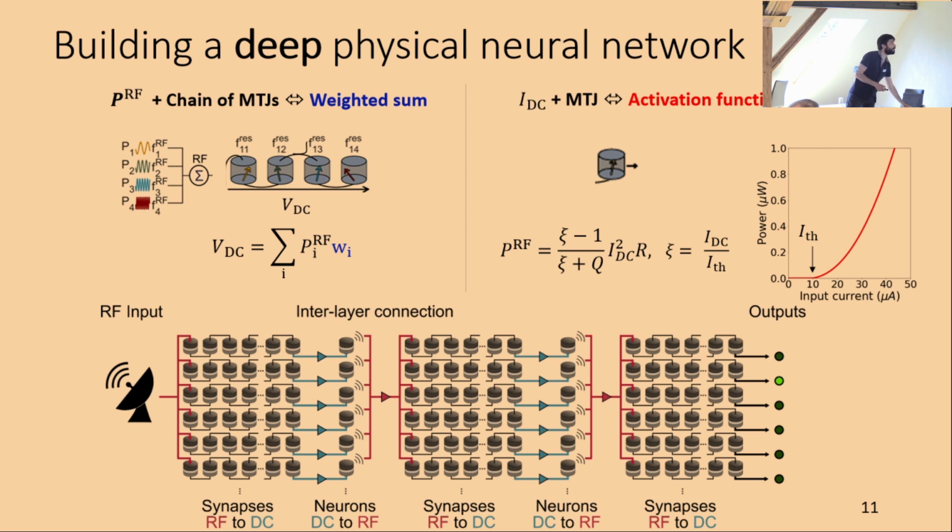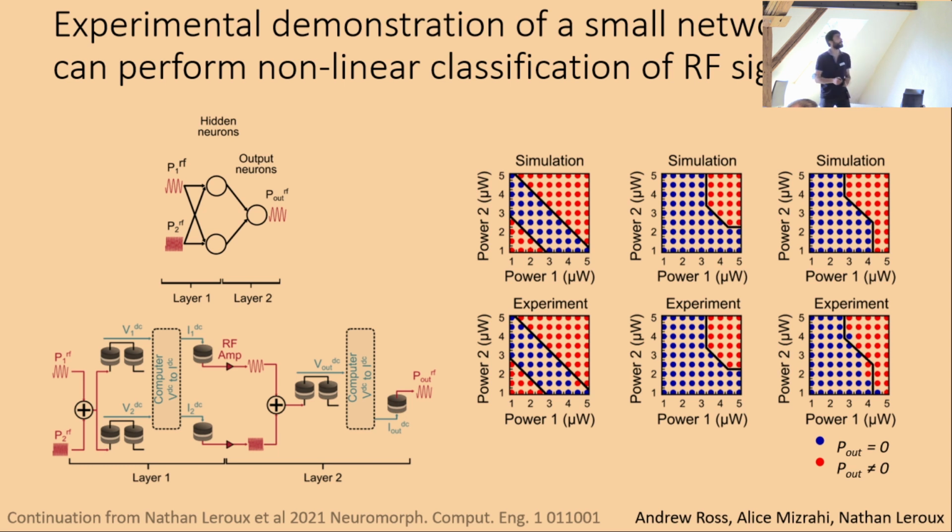Now I just want to show you quickly what we did at the lab. Not me, it's actually my colleagues, Andrew Ross, Alice Misery and Nathan Leroux, who did an experimental demonstration of a small neural network. In this case, we only consider two layers with two hidden neurons. You can see the full architecture here.